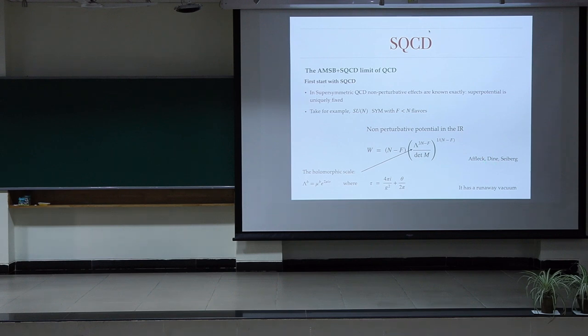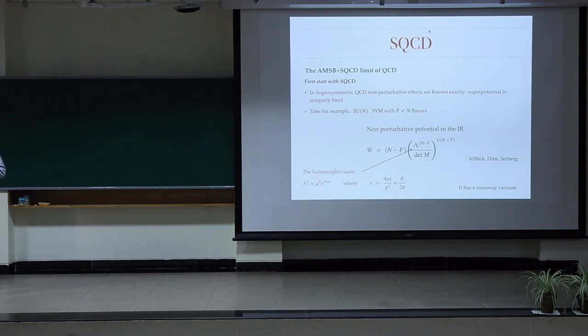Now, more than a last century ago, Affleck-Dine and Seiberg calculated the nonperturbative superpotential in the case of F less than N. Okay, and it's exact, right? And the main thing that you get from here, the field that I talked about, is over here. It's the determinant of M. And this lambda that shows up is very analogous to the QCD scale, right?